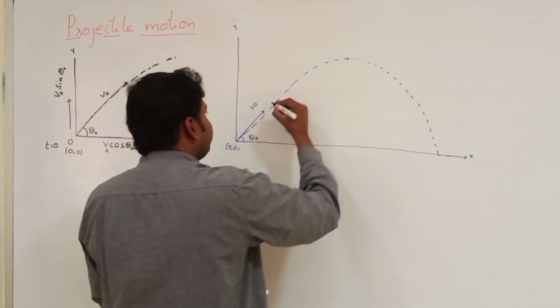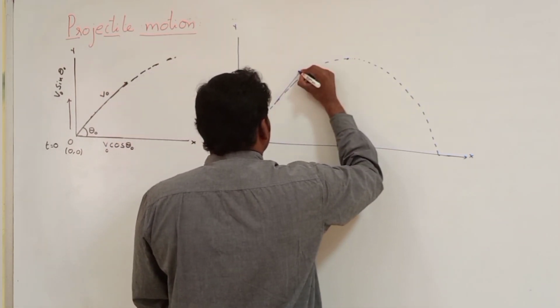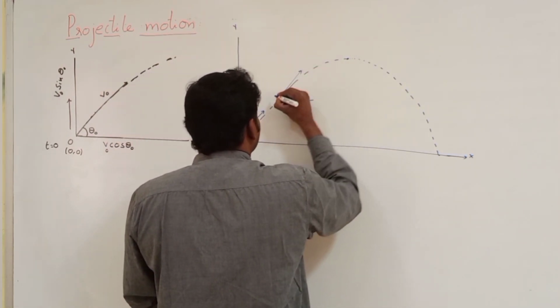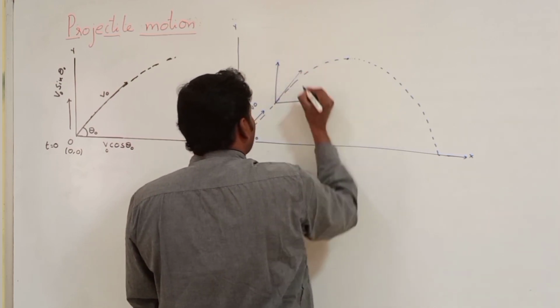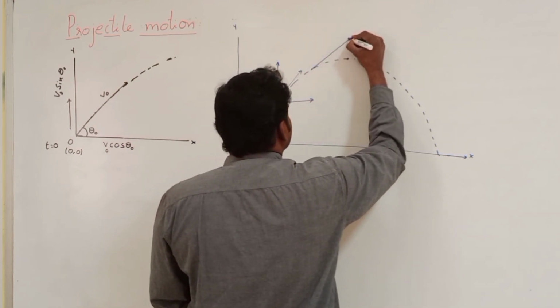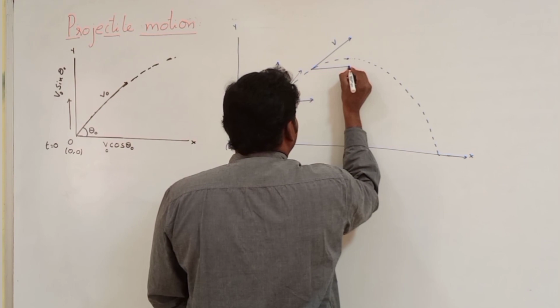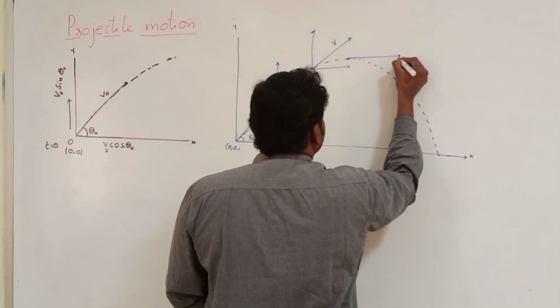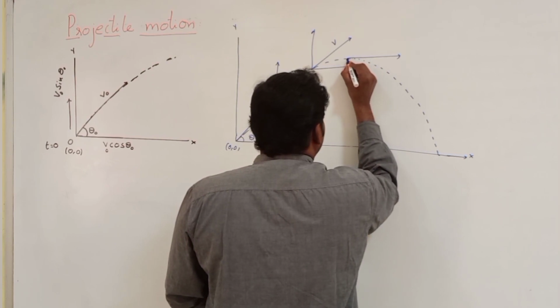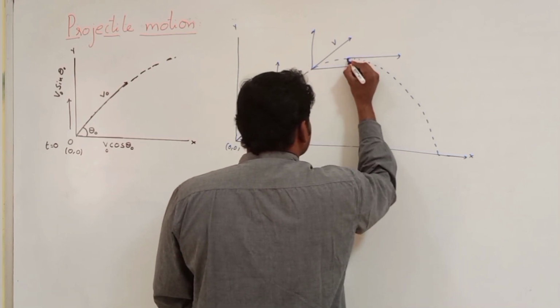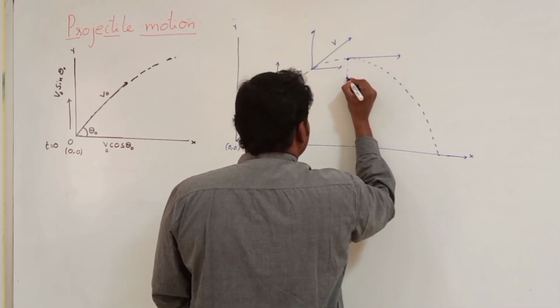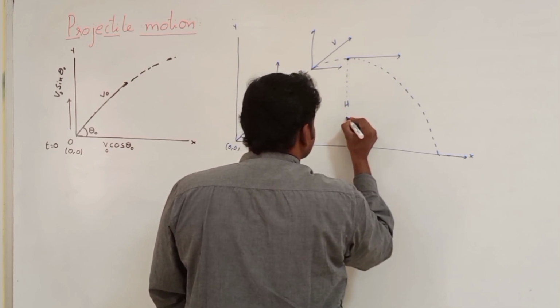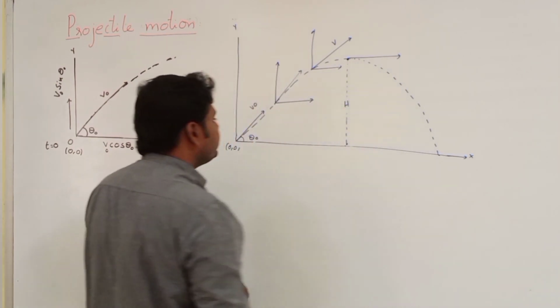When you see this, again we can divide the velocity into components, and this is the maximum height. This is called the maximum height, right.